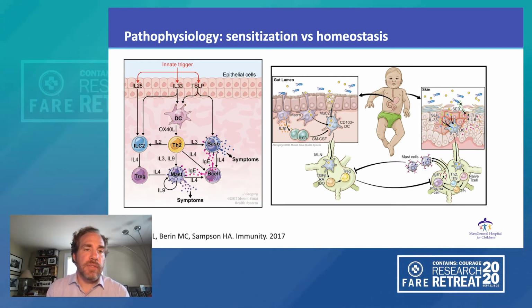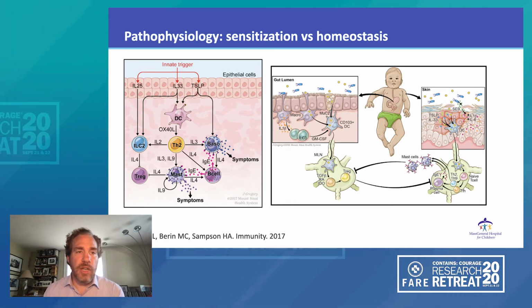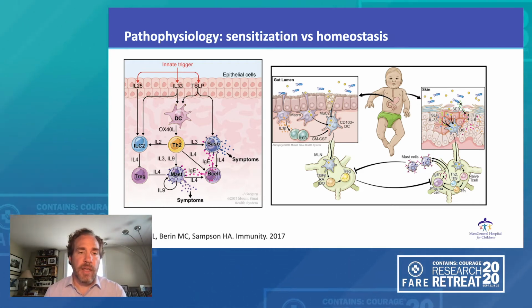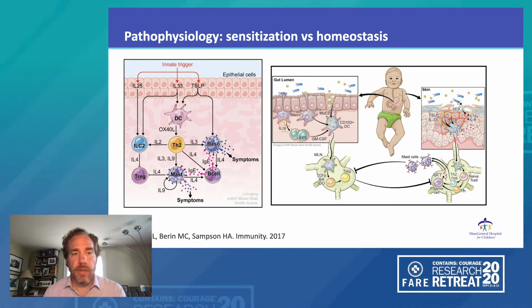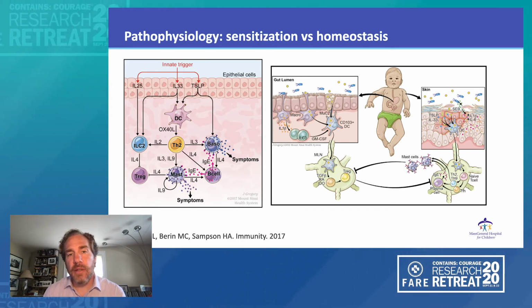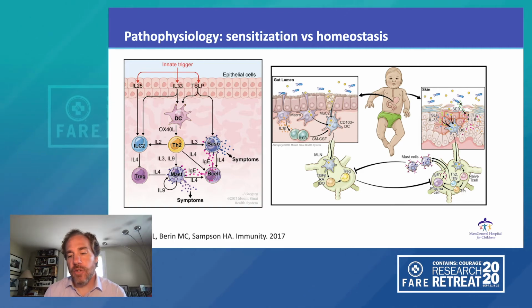And it's really this context of exposure that determines, to start, this fate differentiation between making IgE and being so-called sensitized versus having a more normal or homeostatic response to that dietary protein. And the paradigm here is that in the GI tract we get a predominantly regulatory response, whereas in the skin, particularly inflamed skin, we get an allergic response.